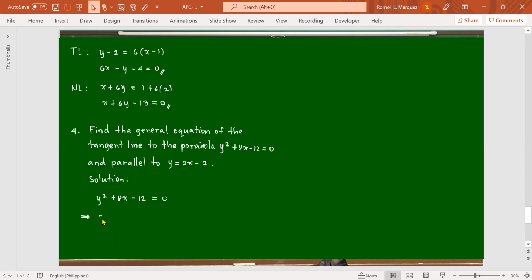Implicit differentiation: 2y y prime plus 8 minus 0 equals 0. What is y prime? That is negative 4 over y.